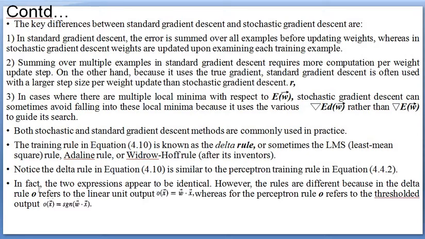However, the rules are different because in the delta rule, O refers to the linear unit output, whereas in the perceptron, O refers to the threshold output. Okay, so look at the difference. The output of the delta rule is just the weight vector times the input vector, but here we are applying a threshold by using the sign function. If you want the perceptron output, we have to apply the sign function to the weight vector times the input. That's the difference.